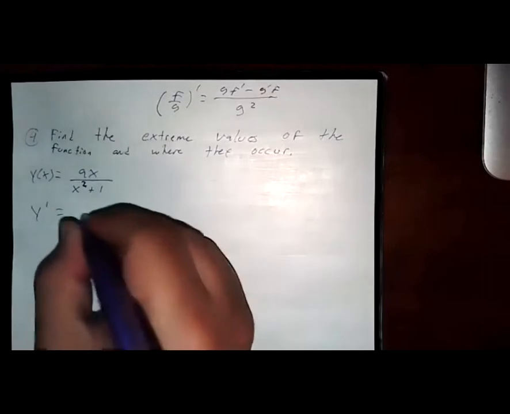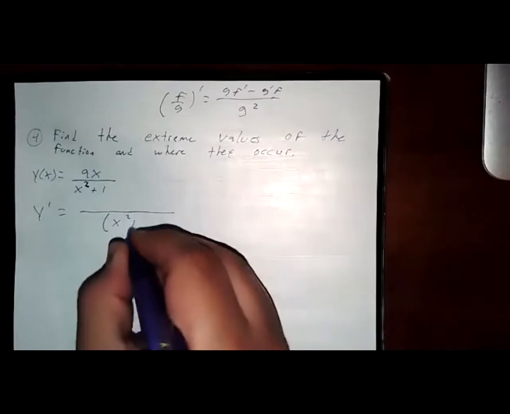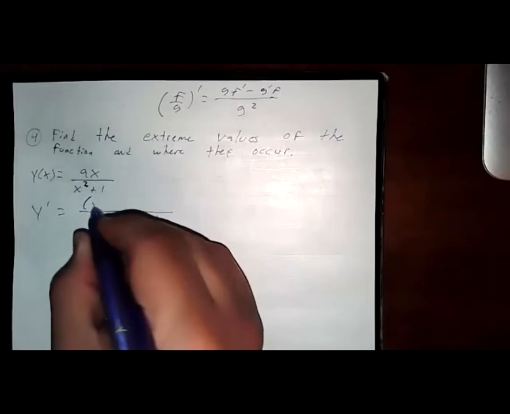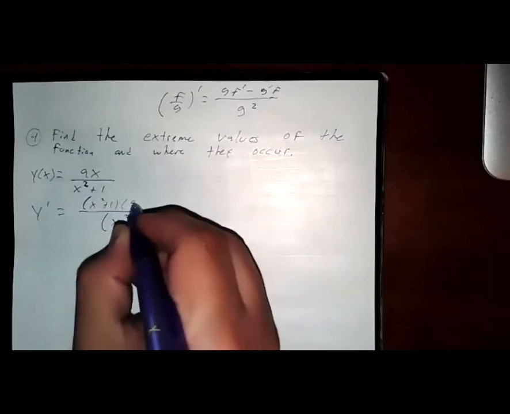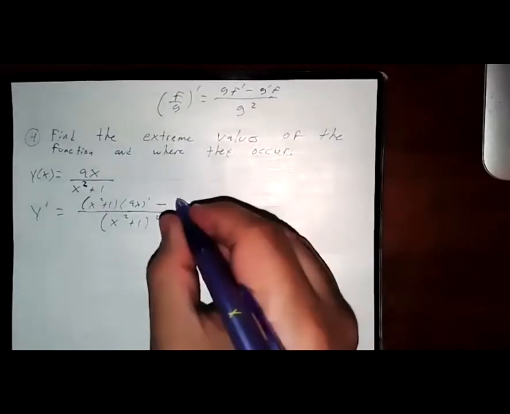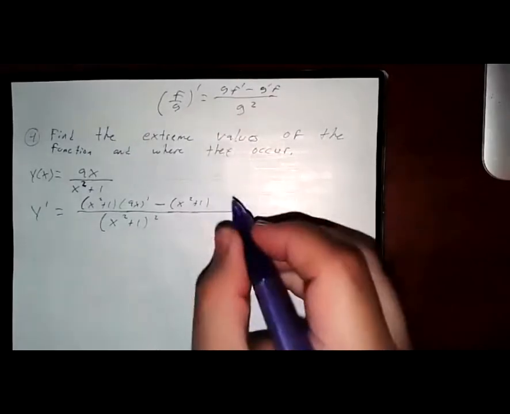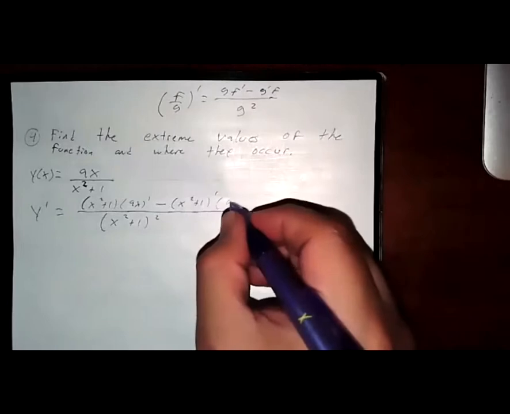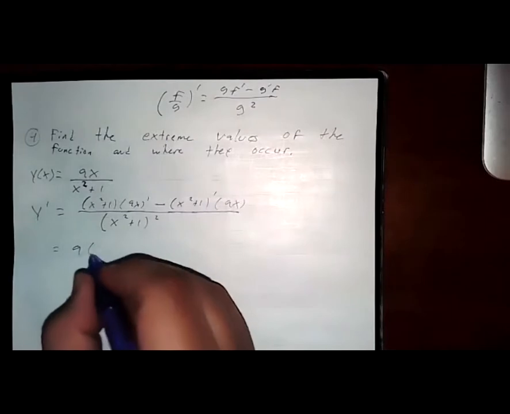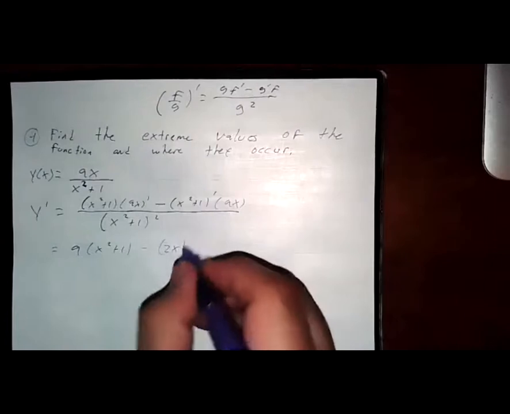All right, so first derivative. Be the bottom times derivative of the top, minus derivative of the bottom times the top. There we go. So we're going to get 9 times x squared plus 1 minus 2x times 9x.